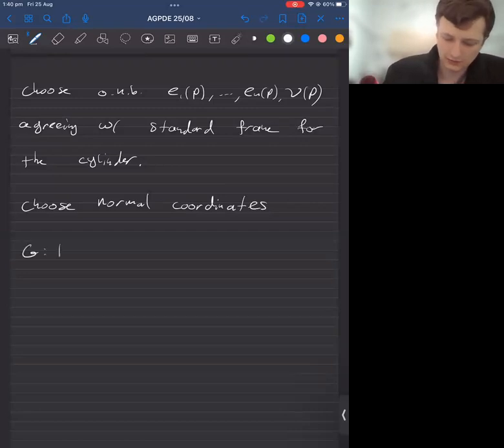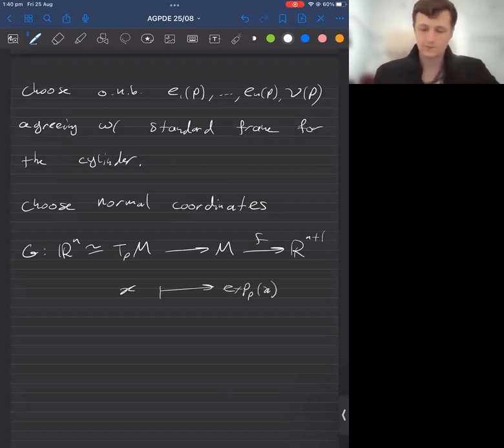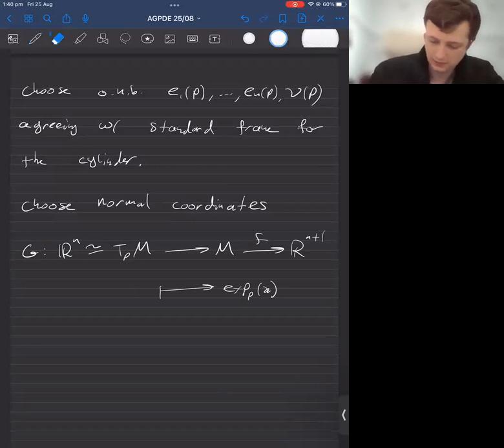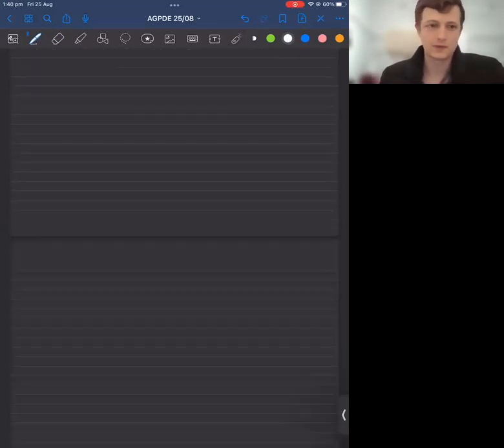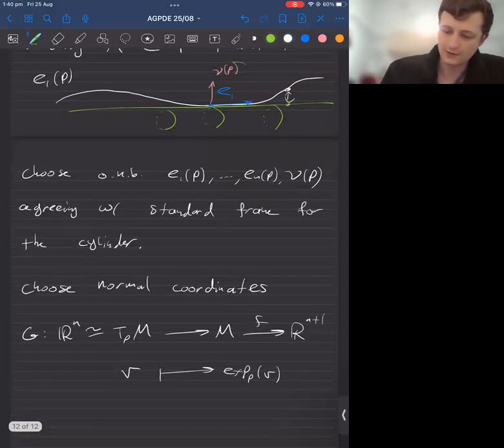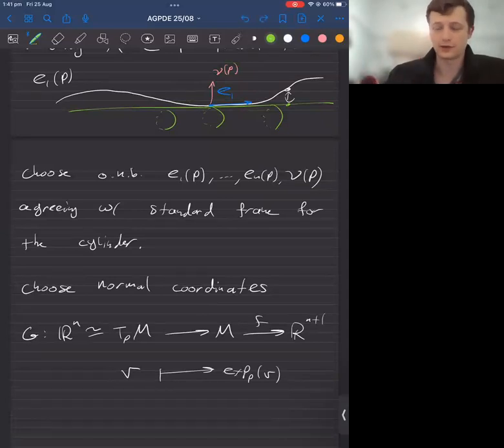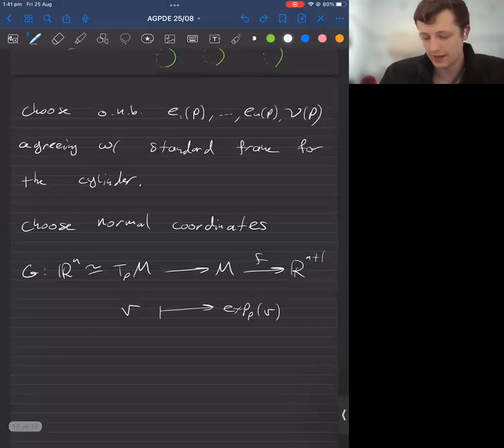So we choose normal coordinates. So we have G. So I'll just do it for our hypersurface. Okay, so remember this map takes X and we get the exponential along X, maybe I'll use B. Okay, so we choose normal coordinates, and then we want to take this frame that we have at this point, and we want to parallel transport it radially on both M and the cylinder, right?